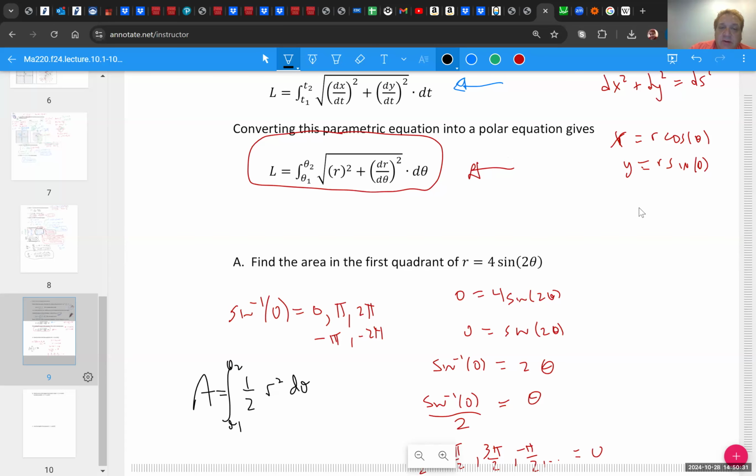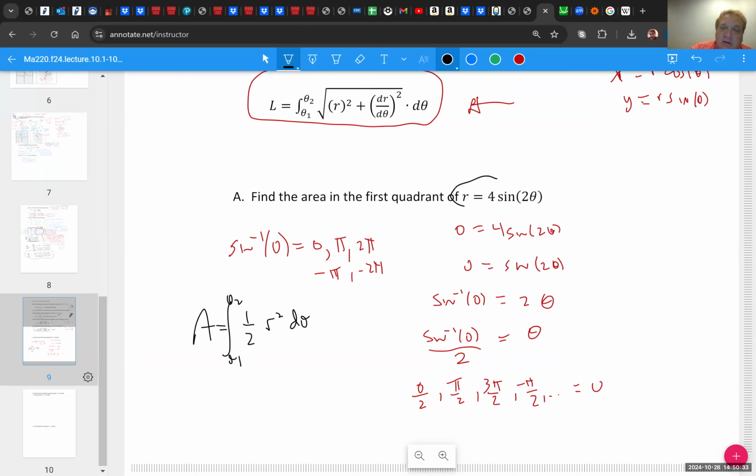So what is r? Well, we know what r is. r is this guy. What is theta 1 and theta 2? Well, we know what those are. Those are the ones we just found. So the area is equal to the integral from 0 to pi over 2 of 1/2 times r squared. So that's 4 sine squared 2 theta.